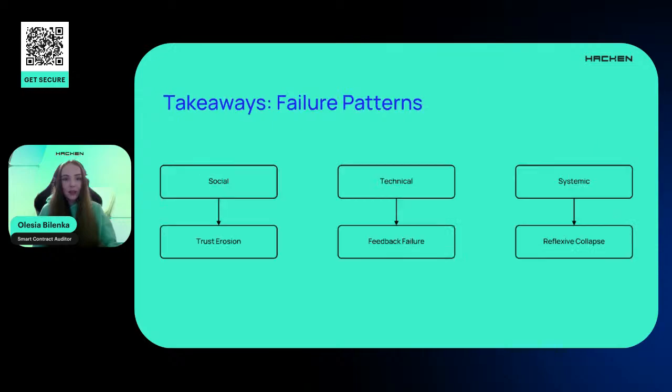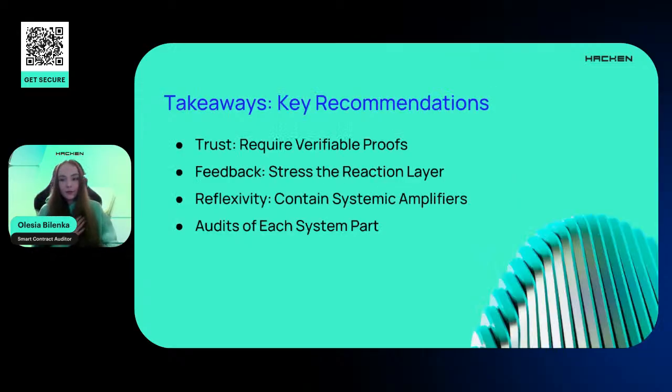We can sum it up this way. There are three types of failure patterns: trust erosion, feedback failure, and reflexive collapse. They are all part of social, technical, and systemic collapses, which are often interconnected, and one can bring up another. But each collapse we saw was not caused by bad code or malicious intent.